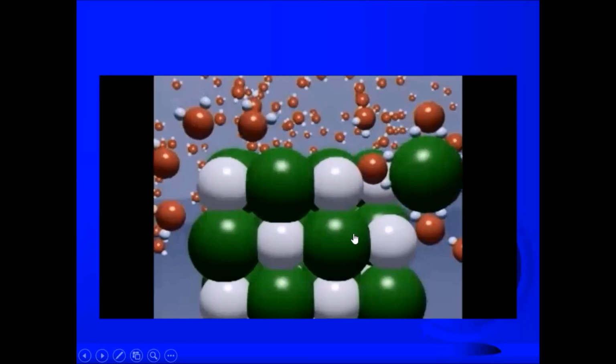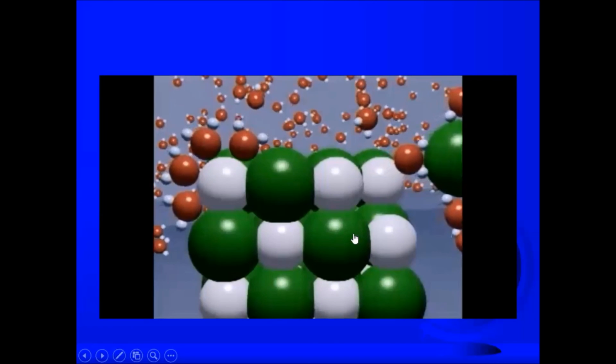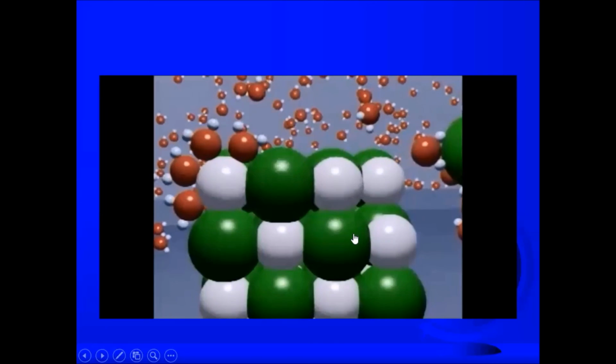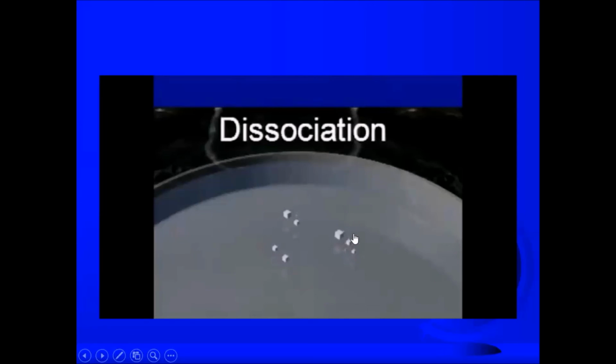Molecules attract the negatively charged chloride ions and gradually surround them. Likewise, the oxygen ends of water molecules are attracted to and surround the positively charged sodium ions. The hydrated ions drift away into the solution, allowing new water molecules to surround newly exposed ions. Gradually, the entire crystal dissociates into solution.